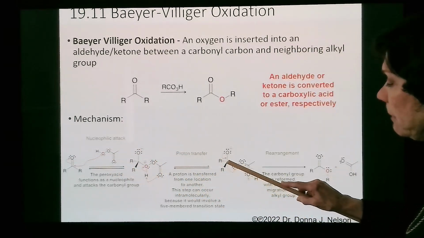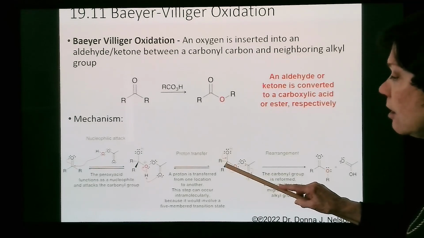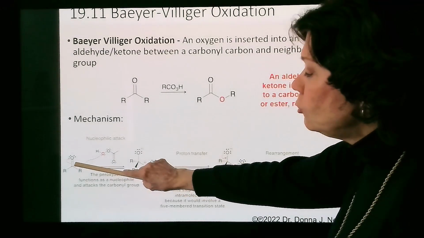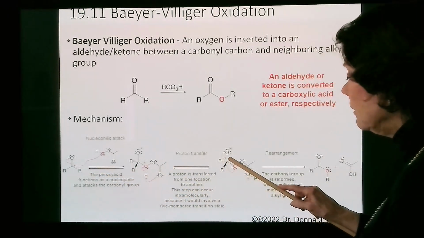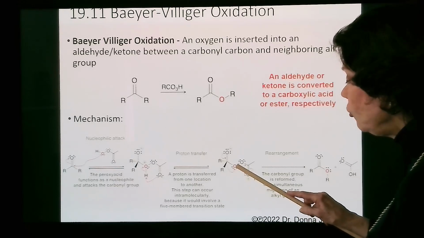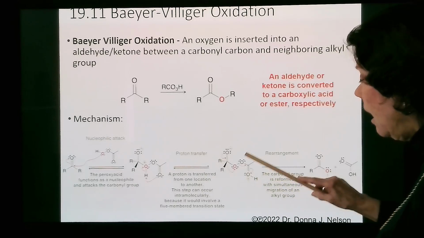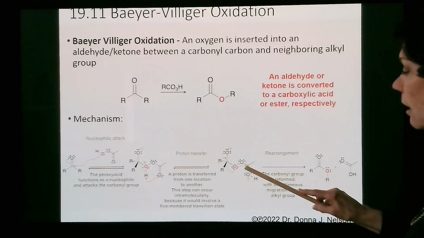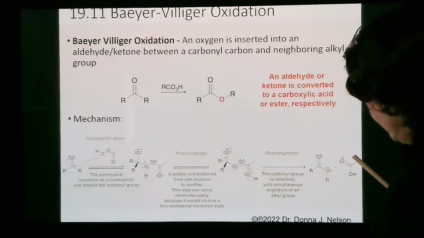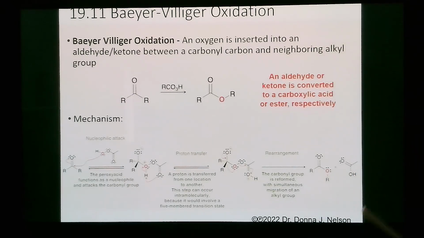So it now accepts a group migrating from the original carbonyl carbon. So it migrates, becomes attached to oxygen, and you see the carboxyl group depart. That becomes the nice, neutral, stable leaving group. And so here now you can see that the ester has been formed.